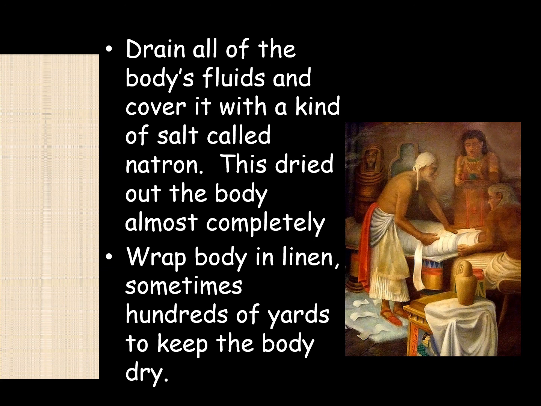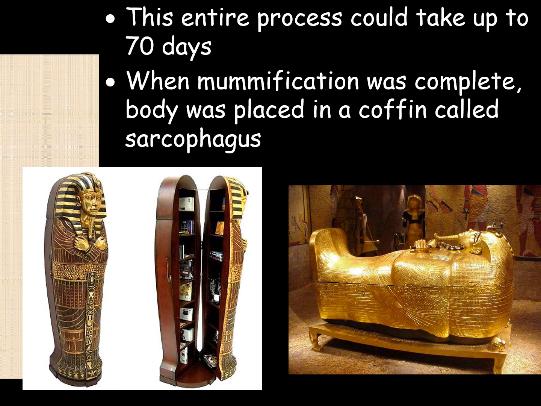And that, of course, is where we get the idea of the mummies and our horror movies from, wearing the linen and coming after you. So the whole process of taking the intestines and the lungs out and taking the brain out and drying out the body, wrapping it in the cloth, could take up to 70 days.